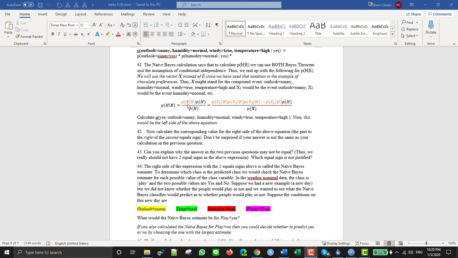And we won't be able to stop here, like we could go from here to here. We still won't be able to do it this way, because still we have to find an instance of X, and we won't be able to find an instance of X, because when X represents many variables, that means we have to find an instance that has outlook equals sunny, and this, and this, and this, and we have many conditions.